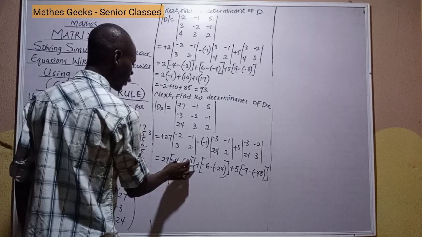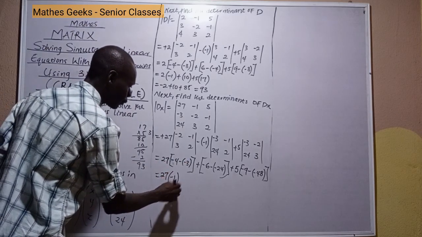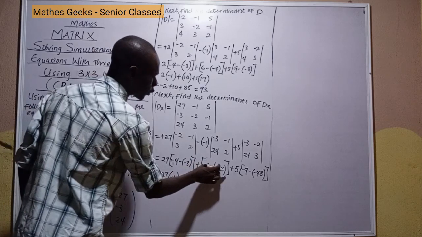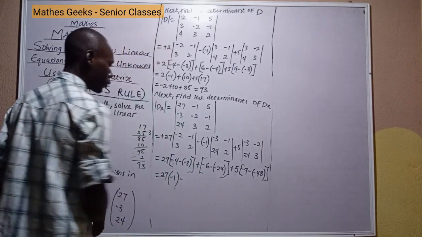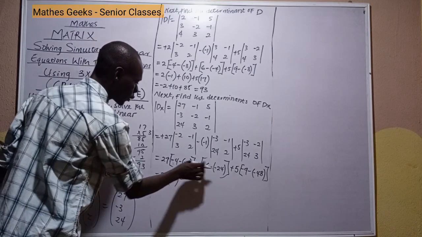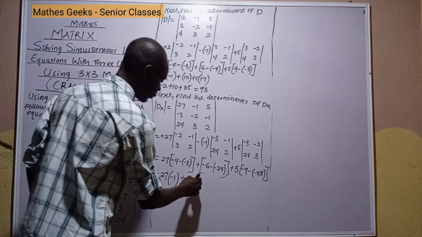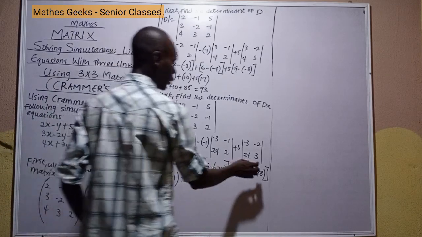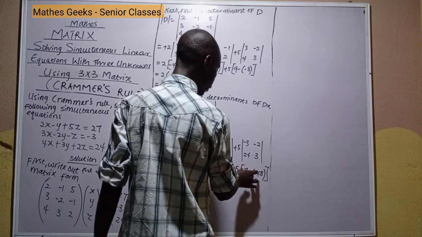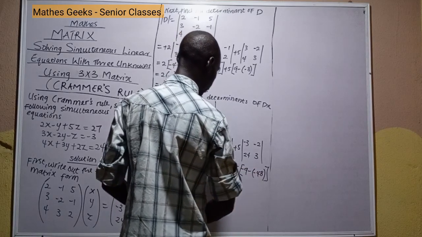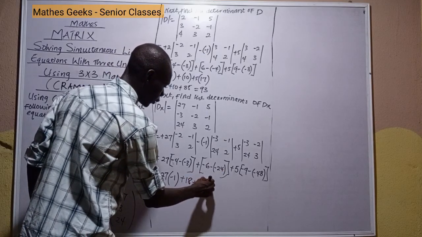27, minus times minus is plus, minus 4, plus 3, minus 1, minus times minus plus, minus 6, plus 24. Minus 6 plus 24 will give us 18, so 18 times plus 1, right, 18, plus, minus 9 plus 48 will give us 39, 5 times 39.